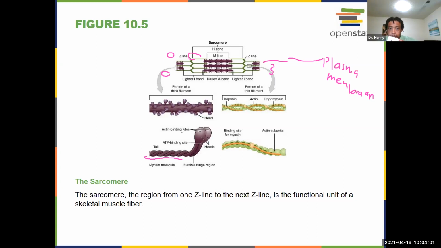That's regulated because the dimerization of myosin is dependent on it. If you look at this, the protein itself is composed of two myosin proteins, so it's a dimer that forms.